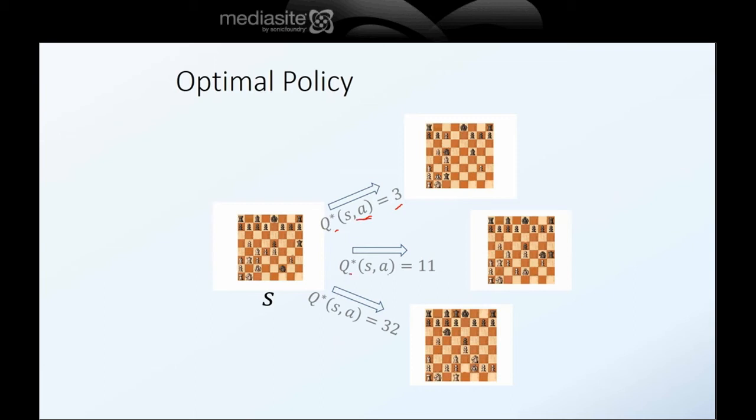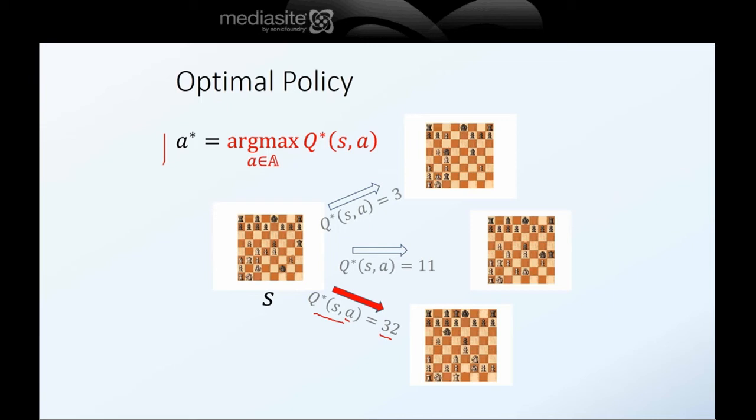Q star for this action, this is some other A, is 11, and Q star for this action is 32. So what's the optimal action? It's this, which has the maximum of the Q star values. So this is A star because it maximizes Q star SA. In other words, A star equals argmax with respect to A of Q star SA.